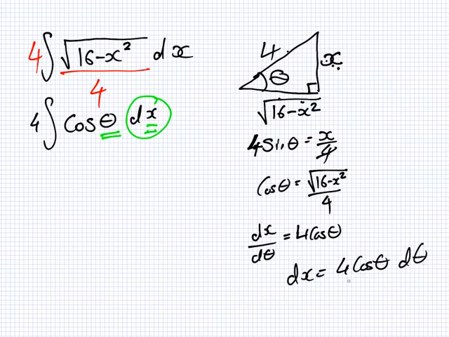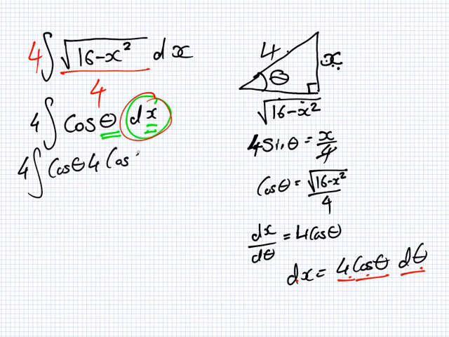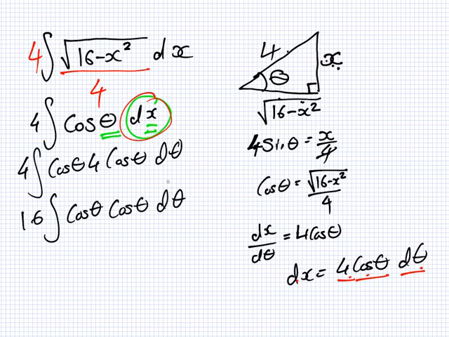Do I have 4 cos theta d theta? I can replace dx with 4 cos theta d theta. So this dx, I replace it. So I get 4 cos theta, 4 cos theta d theta. So this will be 16 integrate cos theta d theta.